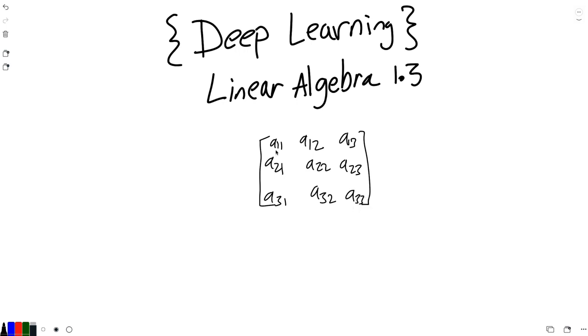Usually the first number represents the row number and the second index represents the column. So for example A32 means that we are in the third row and the second column.